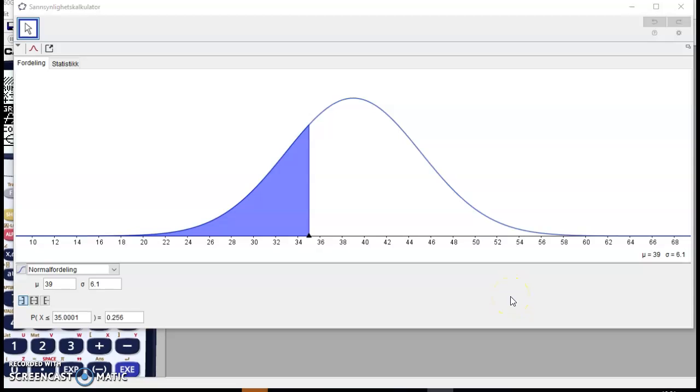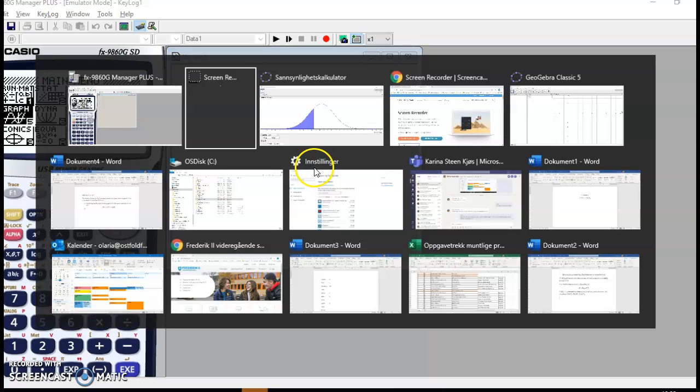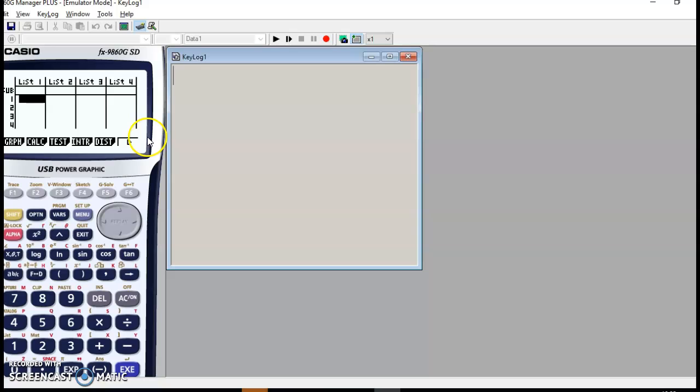Now, if we wanted to look at this on the calculator, we have the calculator display, and we go into the main menu, 2 for statistics, and distribution, normal distribution, and here we want to go for cumulative distribution because we're adding up the probabilities from 0 centimeters to 35 centimeters long.